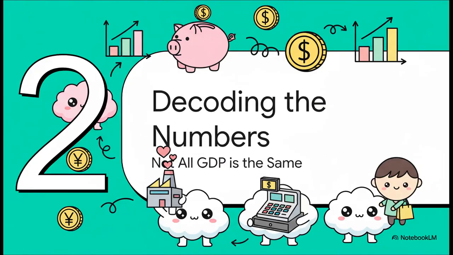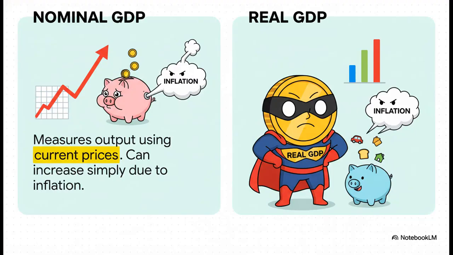But here's where it gets interesting. Just knowing that big final number isn't really enough. To actually understand what's going on, you have to realize that not all GDP is the same. There are a few different flavors, and each one tells a slightly different story. And this brings us to a really important difference: nominal versus real GDP.